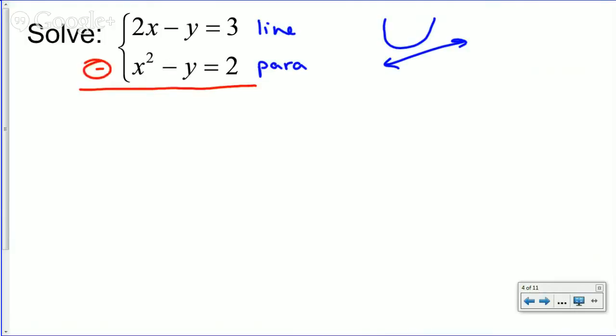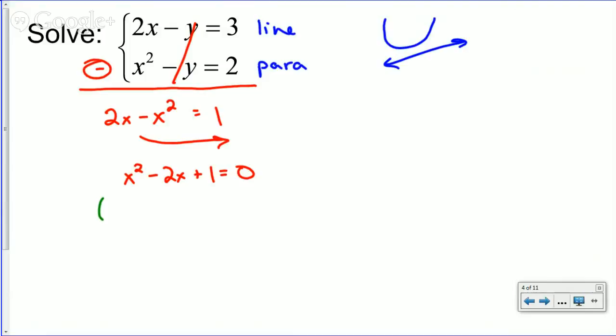So if I subtract the 2 equations, that would leave me with 2x minus x squared. Those go away. 3 minus 2 is 1. Okay, here now I have a quadratic equation. So I'll get everything on one side. So I'll move it all to the right-hand side. So I have x squared minus 2x plus 1 equals 0.